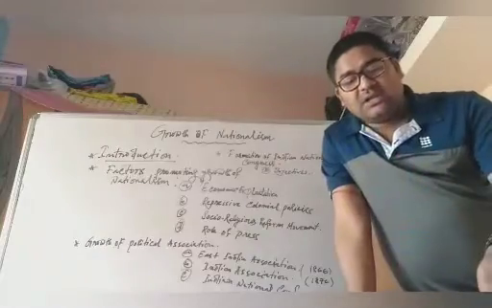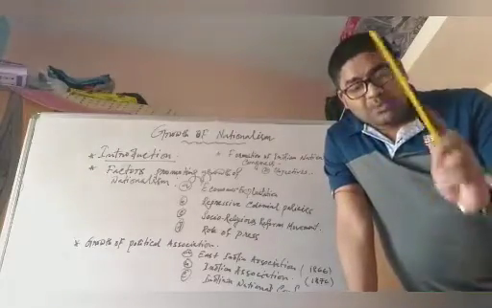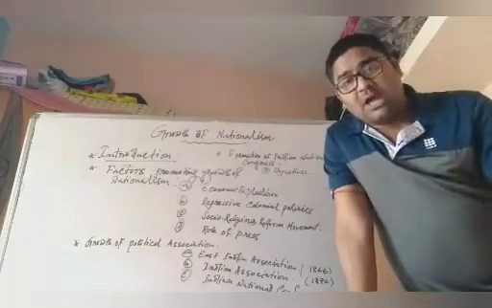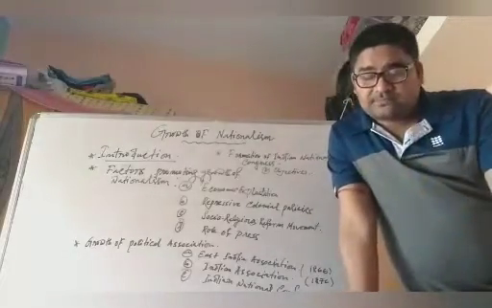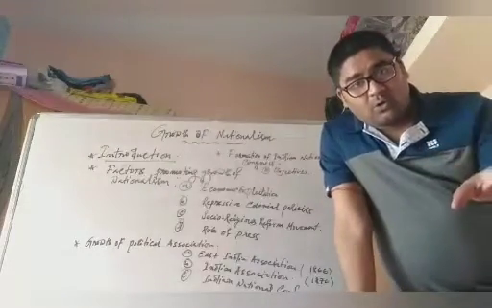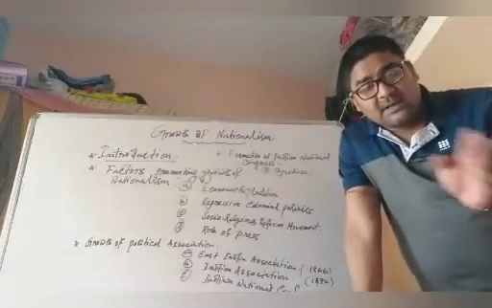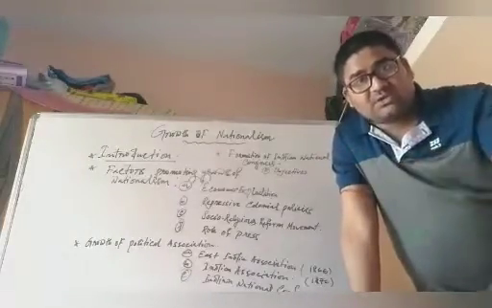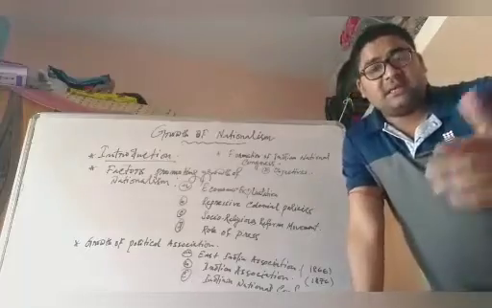If any Indian kept or carried arms without a license, that would be a criminal offense and the British could arrest that person. But these two laws, the Vernacular Press Act and the Arms Act, were not applicable to the Britishers or the Europeans.